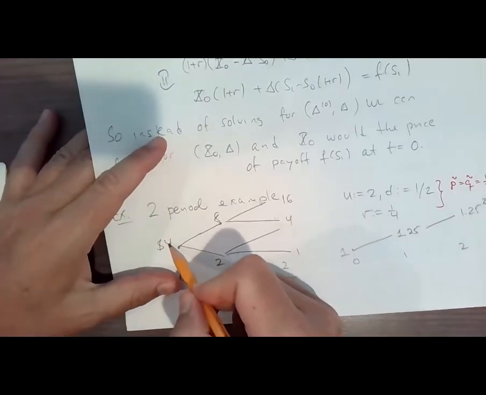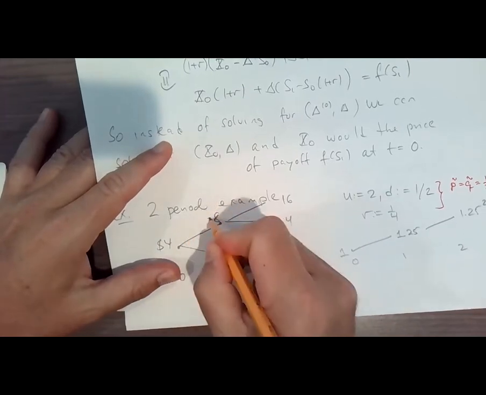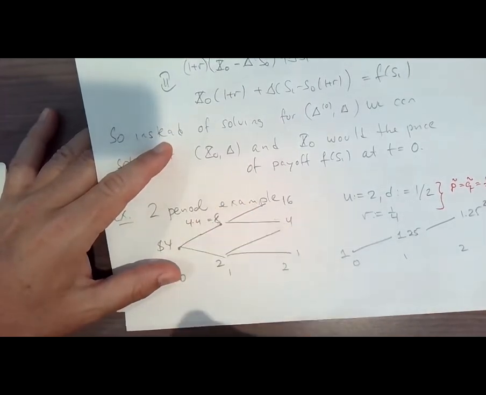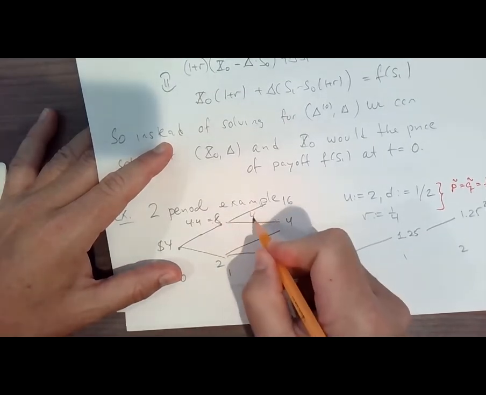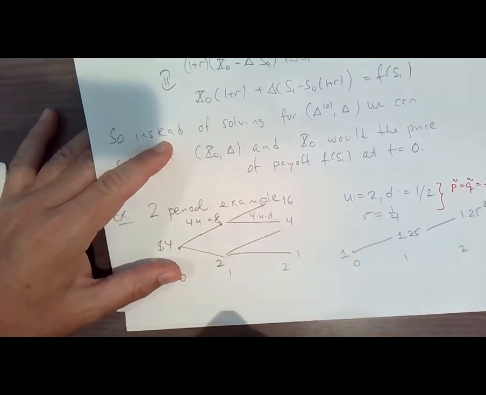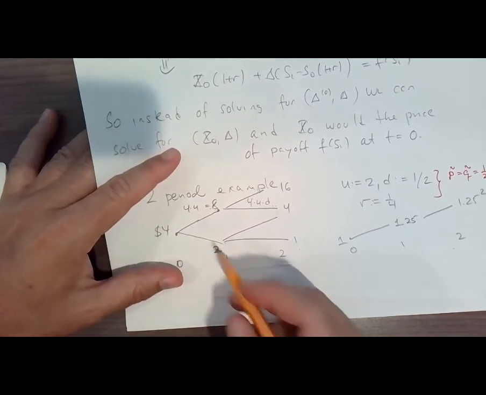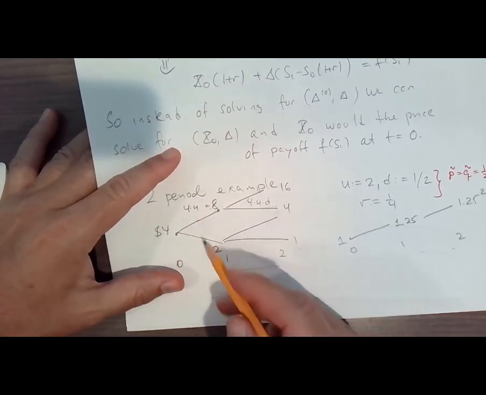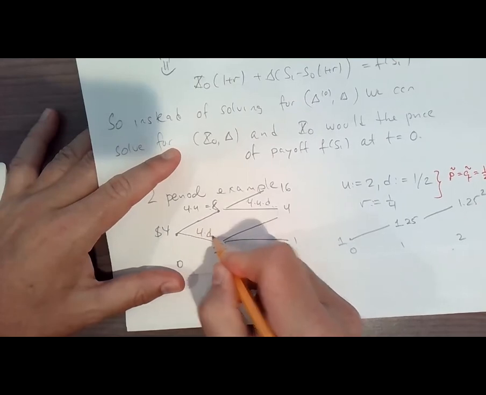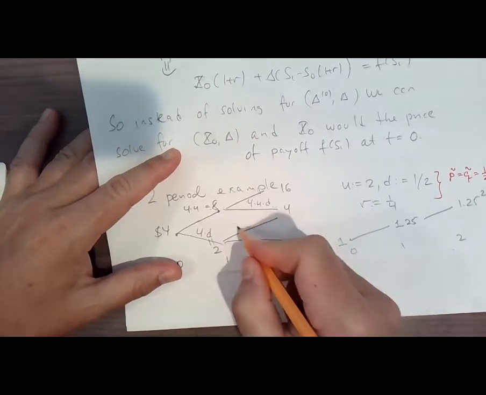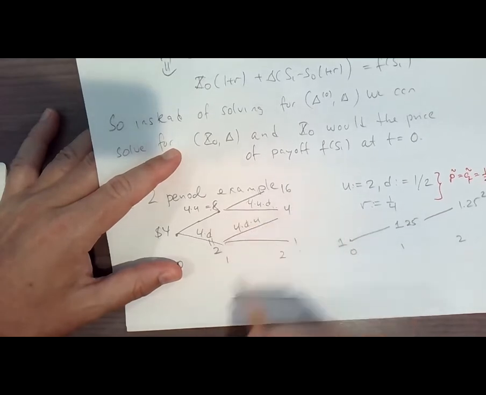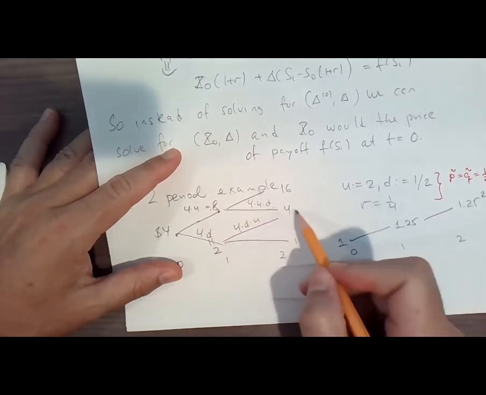The reason that it recombines is that you go from 4 to 8, this is equal to 4 times U, right? And then how do you get to 4? Well, this will be 4 times U times D. The other trajectory you could go on would be from 4 times D, that will give you your 2, and then the next one will be 4 times D times U, and that'll bring you up to 4 here.